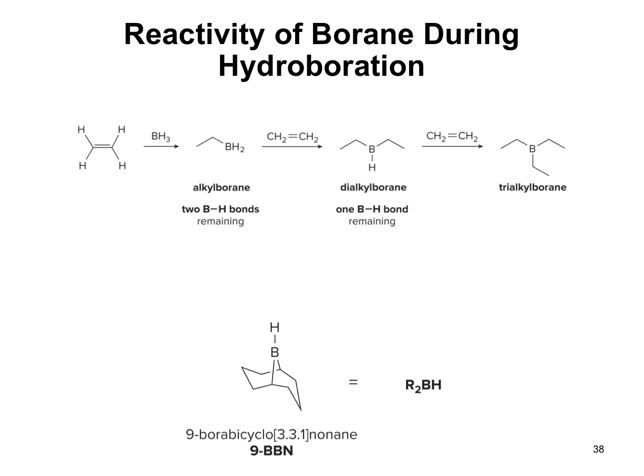You only really need one boron-hydrogen bond for hydroboration, so many chemists use a commercially available dialkyl borane, which has a generic formula like that, instead of using BH3.